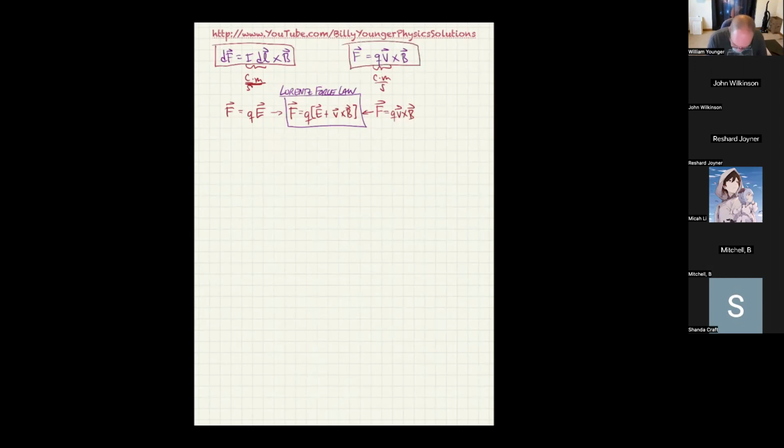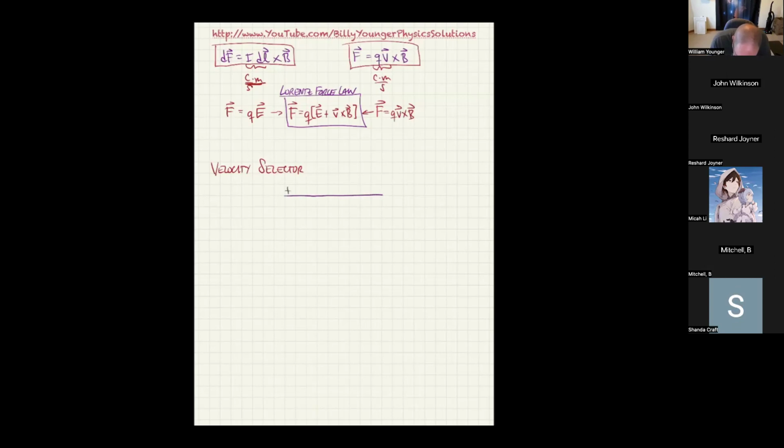So if you were to, for instance, want to make a velocity selector, what you can do is create a uniform electric field by using a parallel plate capacitor.